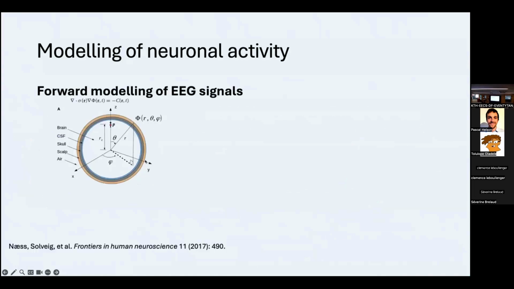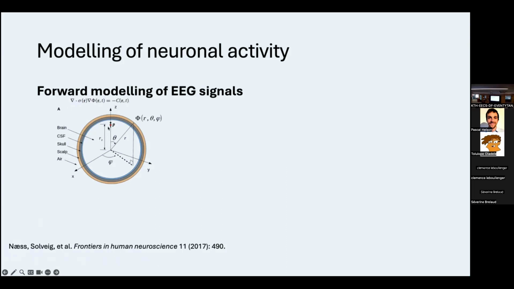And then when we want to model the EEG signals, what you in general need to do is to solve this partial differential equation where you have the current sources here, the extracellular potential here, and the conductivity here. But there are shortcuts. One that we and our collaborators have used is this model of 4 concentric spheres.